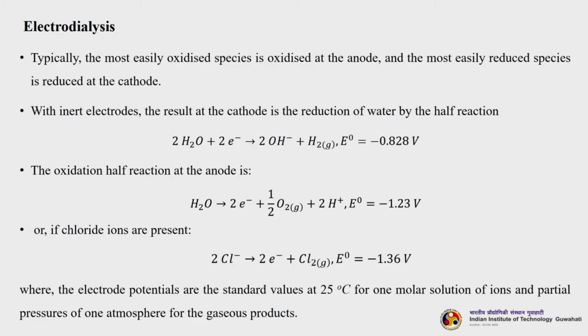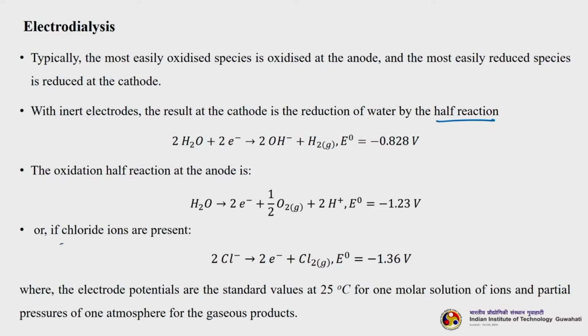Typically, the most easily oxidized species is oxidized at the anode and the most easily reduced species is reduced at the cathode. At the cathode is the reduction of water by the half reaction: 2H2O + 2e- giving 2OH- + H2 in the form of gas. The oxidation half reaction at the anode is H2O giving 2e- plus half O2 in the form of gas plus 2H+.